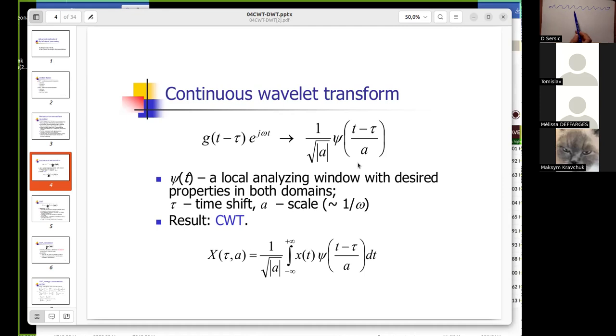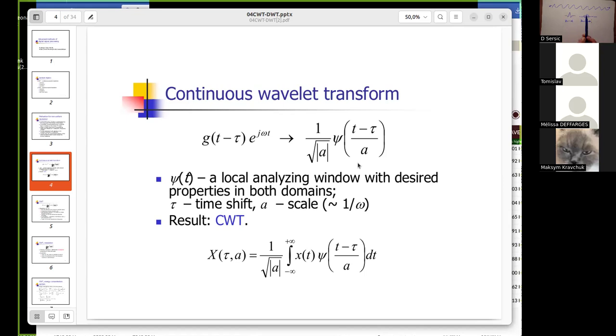Instead of that, we can have a small wave, and we are going to call it wavelet. Small wave can look like this. It can look like this. It is something that is localized in time and probably localized in frequency. It is wavy.